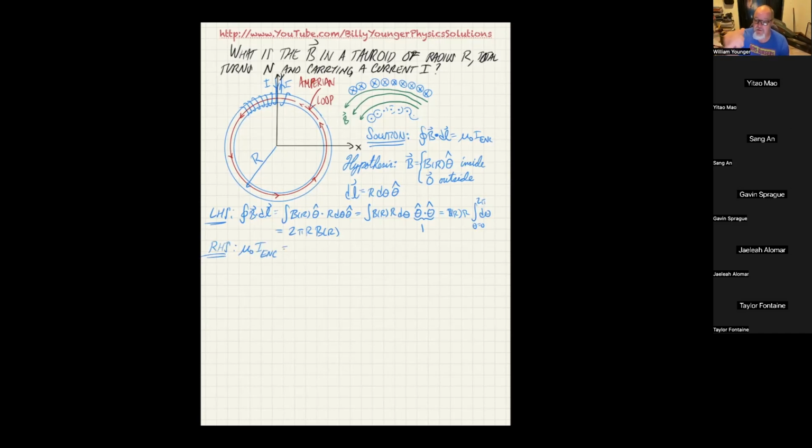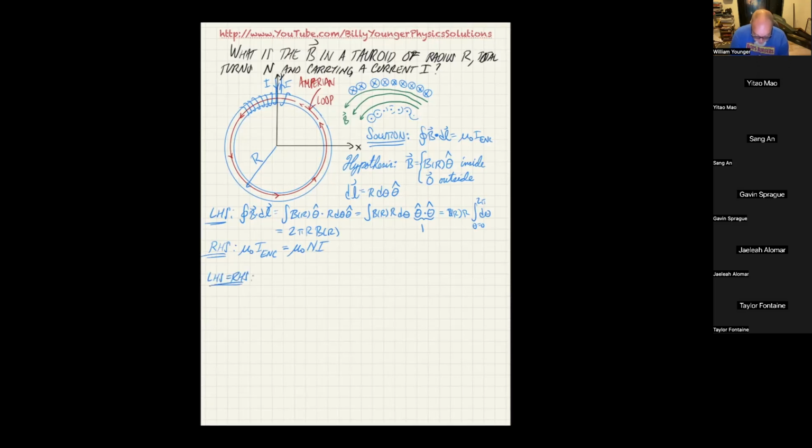If I stick my thumb out of the page towards me, my fingers curl in a counterclockwise way, so all of those currents are in a positive direction. And there are N of those currents. So the answer is mu 0 times capital N times I. Everybody see that that is the right-hand side? Anybody have any questions on that?